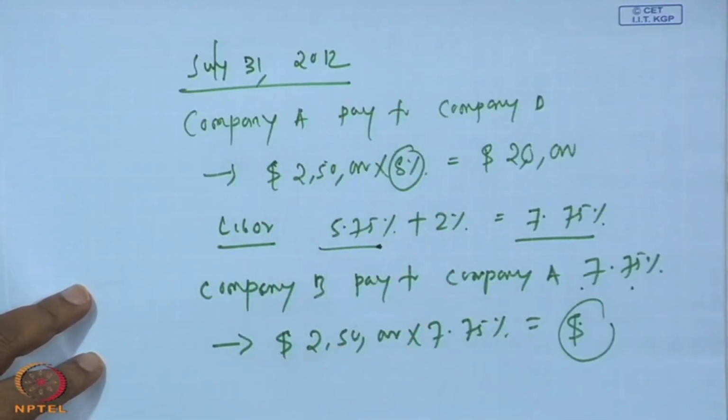Since LIBOR is fluctuating, the net surplus also fluctuates, and who will be paying what depends upon the fixed 8%. On the due date of payment, if LIBOR plus 2% is less than 8%, then company A will pay to company B. If LIBOR plus 2% is more than 8%, company B will pay to company A.